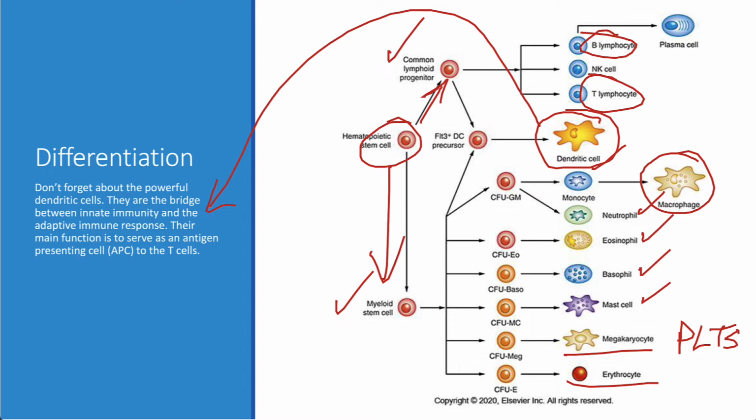Remember, the dendritic cell is important because it is the one that ties together innate immunity and the adaptive immune response. When these dendritic cells are exposed to a new antigen, they become one of the three antigen-presenting cells that notify the T lymphocytes, the T lymphocytes that will go and destroy things.